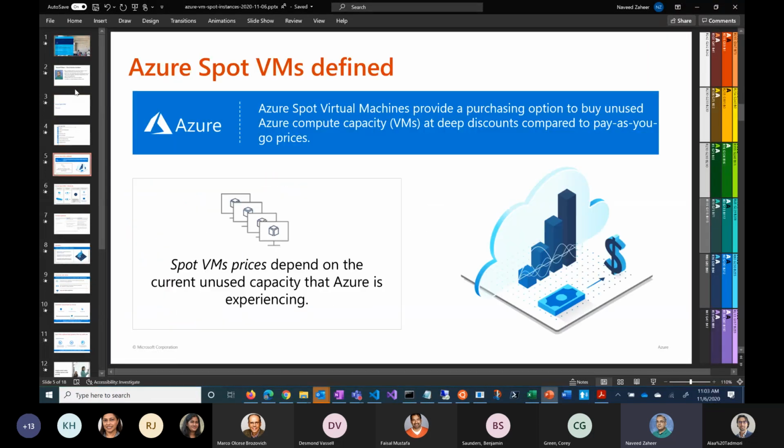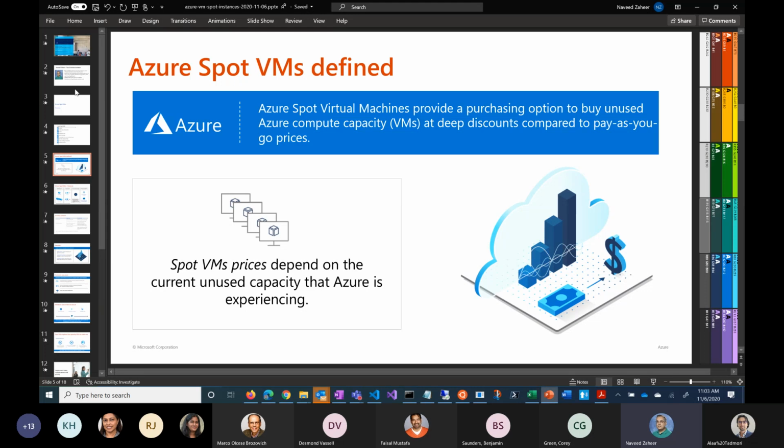So first of all, what are Spot instances, and where do they come from? Just to give you a background, in every Azure region or data center, we have excess capacity. This capacity is there to serve scaling, or as customers spin up new workloads.